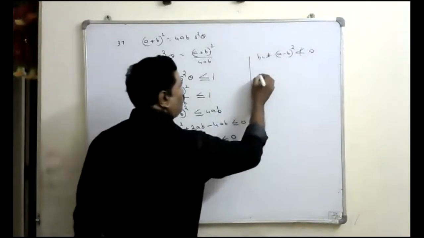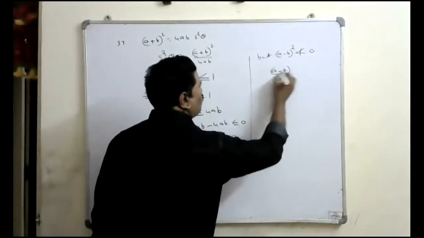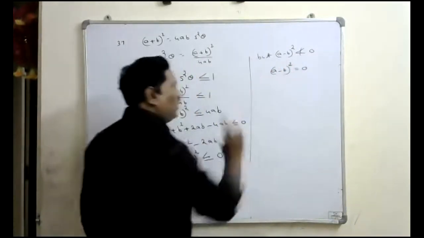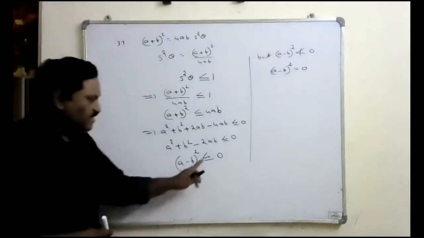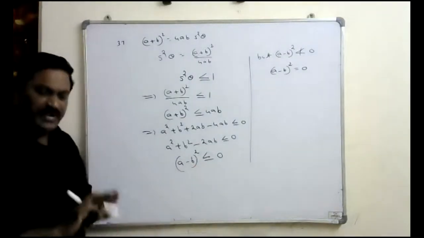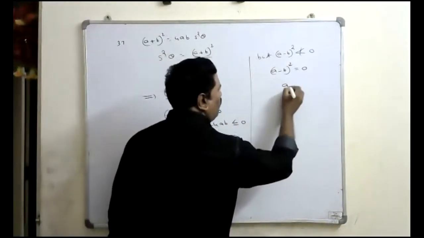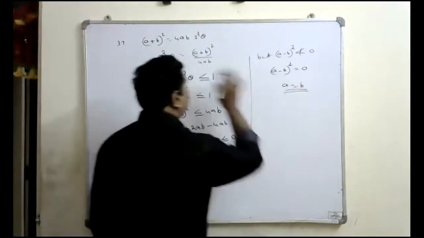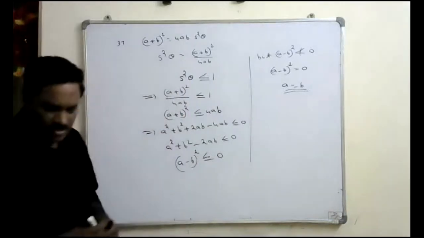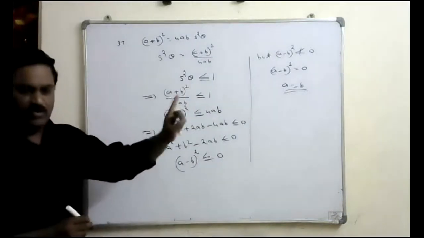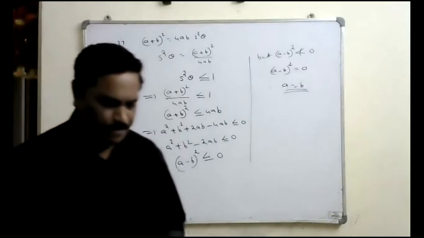Therefore, a minus b whole square is equal to 0 is the only possibility. Less than 0 is not possible for any value of a and b. If it is equal to 0, then a is equal to b. So this identity is true only when a is equal to b. That's the answer. Take that.